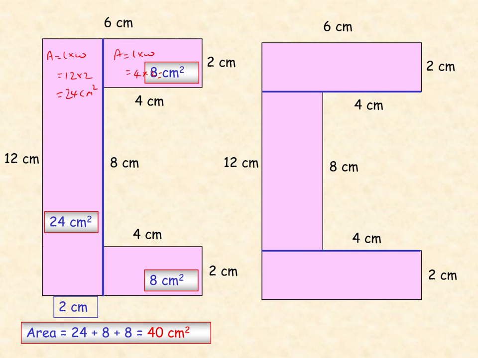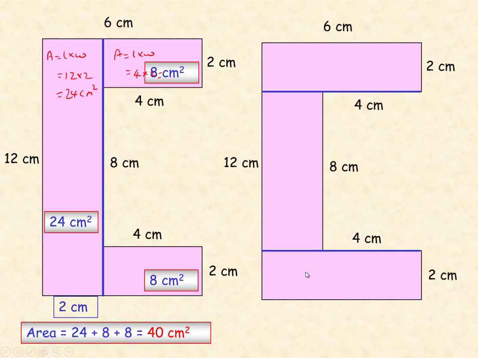Okay, what I want you to do is press pause and have a go at finding the area of that shape, see if you get 40, and then once you've done it, press play again. Okay, assuming you've done that, let's find the area of all three portions. So this bit here says 12 centimeters, but 12 is the whole shape.